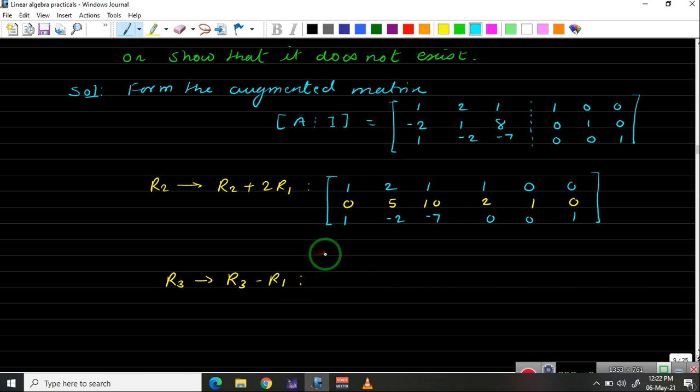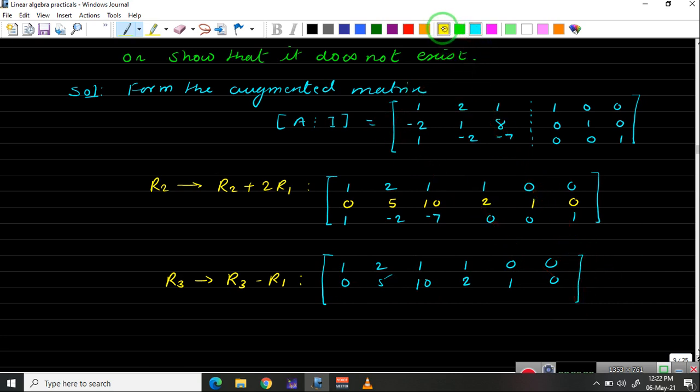Now in this case we are not doing anything to the first and the second row, so both rows will be the same. So 1 2 1 1 0 0. The second row will also be the same, so 0 5 10, 2 1 0, and our third row will change. How will the third row change?